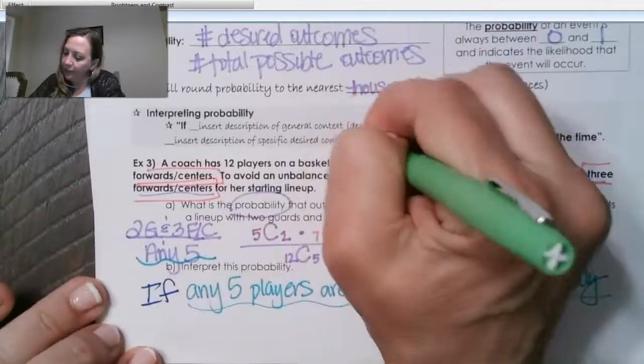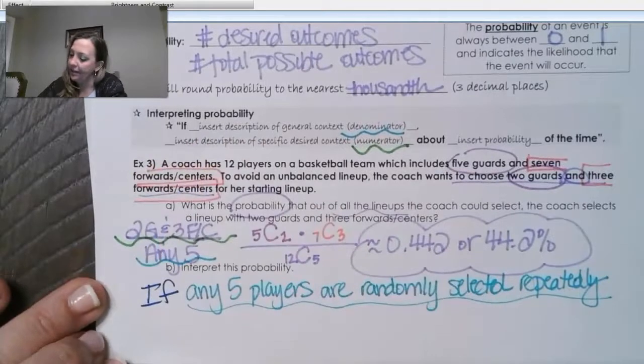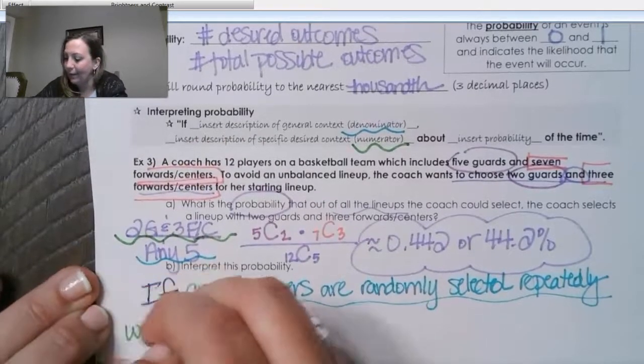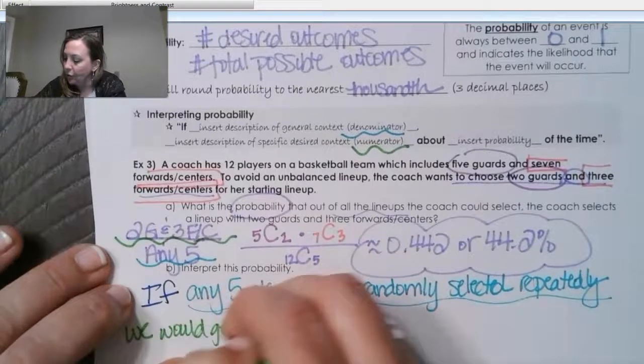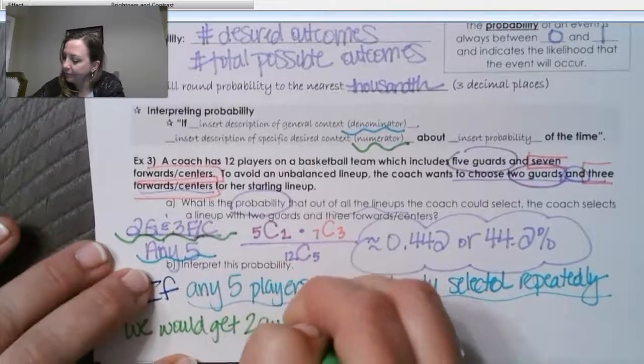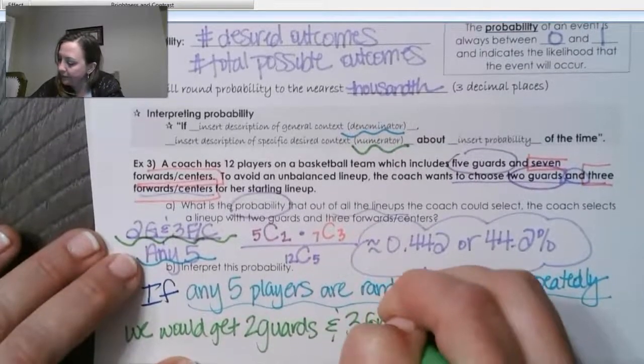So our numerator was this idea of 2 guards and 3 forward centers. So I would say, okay, well, we would get 2 guards and 3 forward centers.